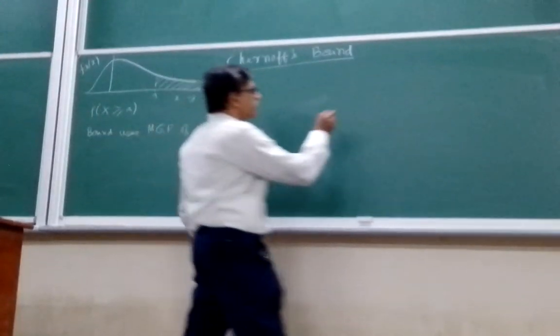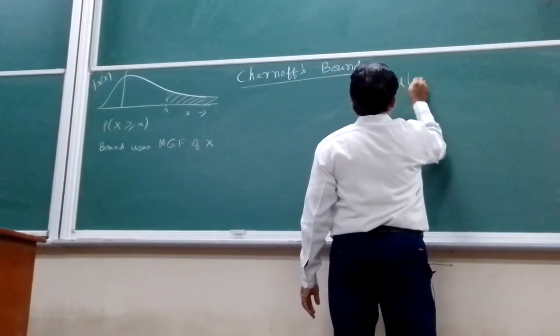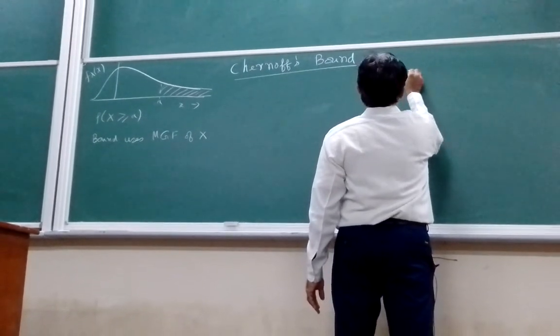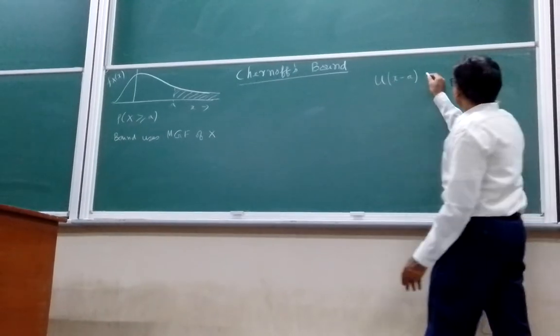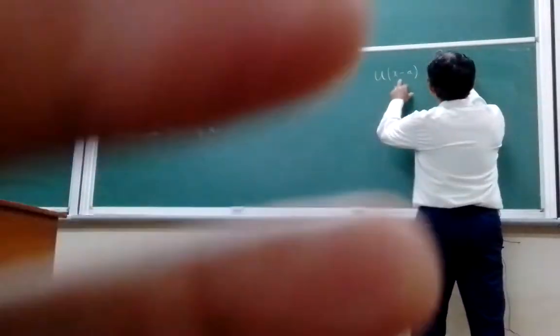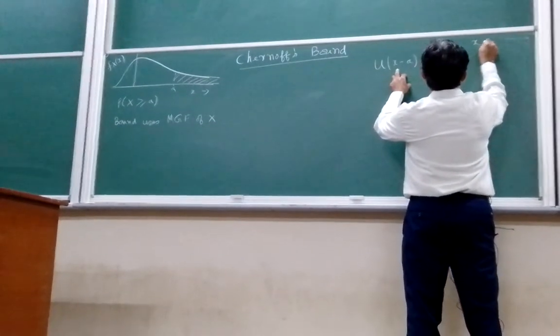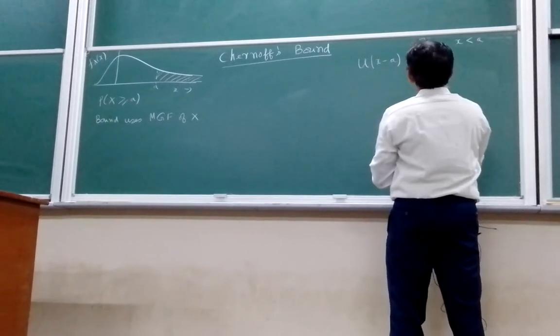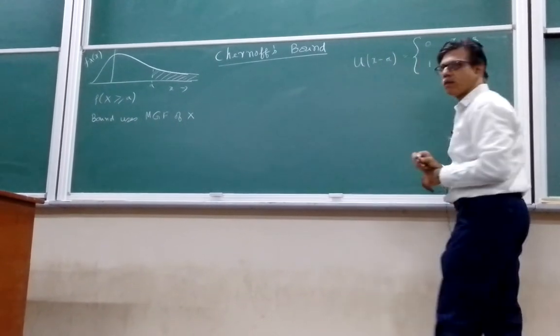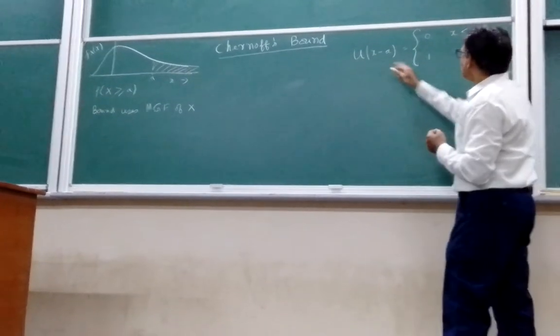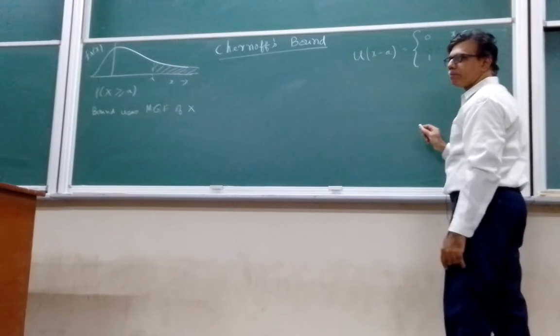First thing is that we will look at this step function u of x minus a. That is defined as 0 for x less than a and 1 for x greater than or equal to a. It has a step at the point a.